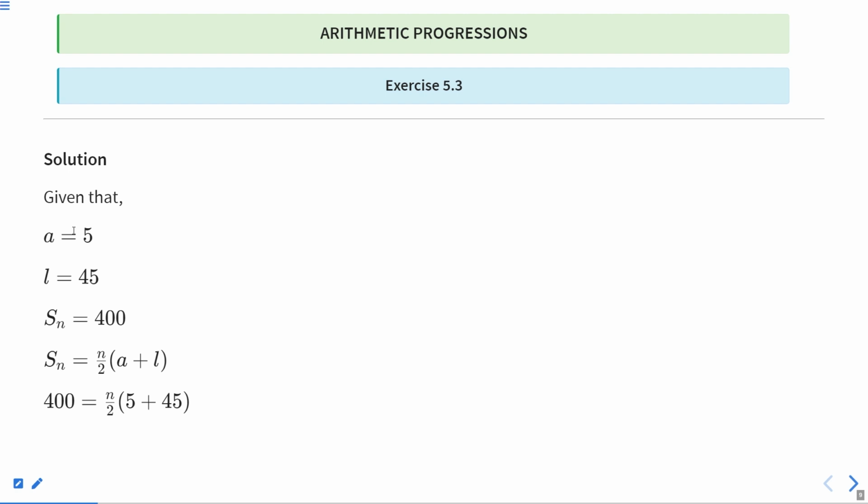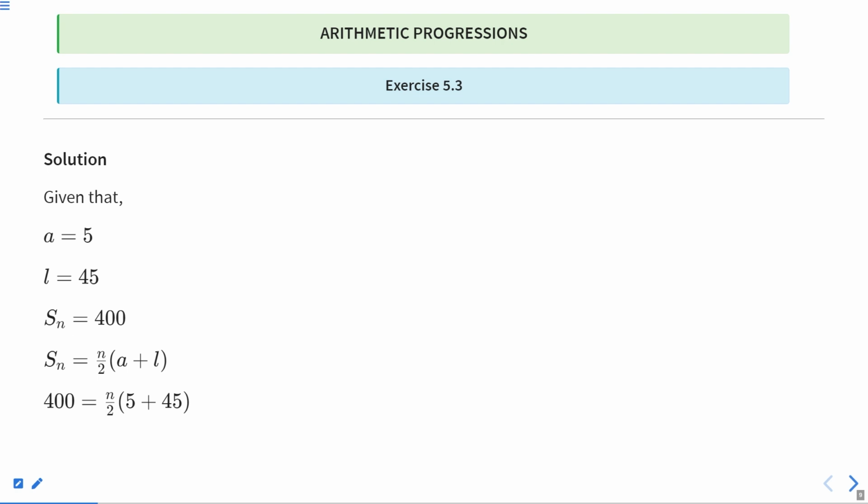Given that a is 5, l is 45, and the sum Sn is equal to 400. And we know this formula Sn is equal to n by 2 times a plus l.